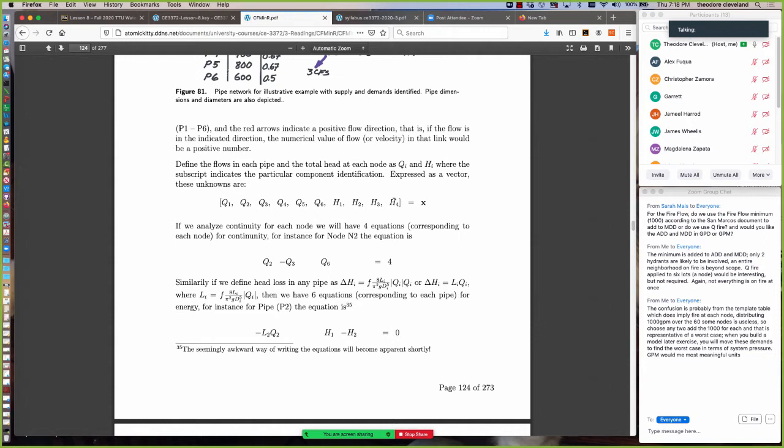If we were to analyze continuity for each node, we'll have 4 equations because we have 4 nodes with unknown heads. Node 0, we know what its head is, so it doesn't have to appear in the system directly.